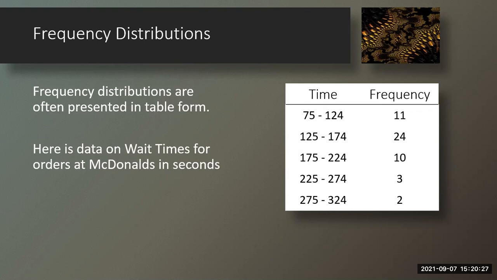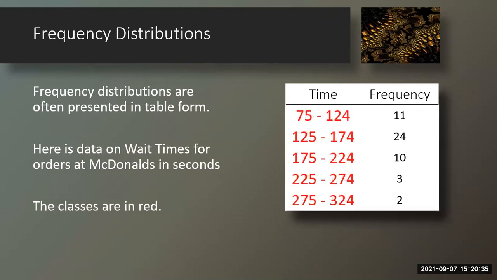The right-hand column contains frequency or counts. The classes you'll see appear in red. Those are those values there on the left. The first class, for example, is 75 to 124 seconds. We usually do not include units in tables such as these.